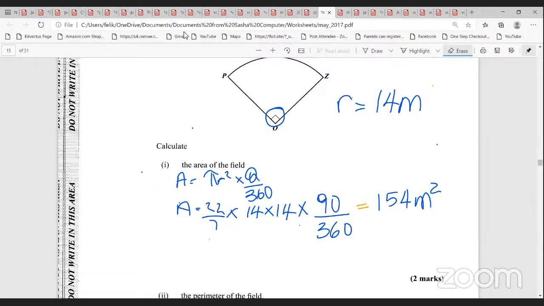All right. Any question here? Is it clear as to how we find the area of the sector? All right.